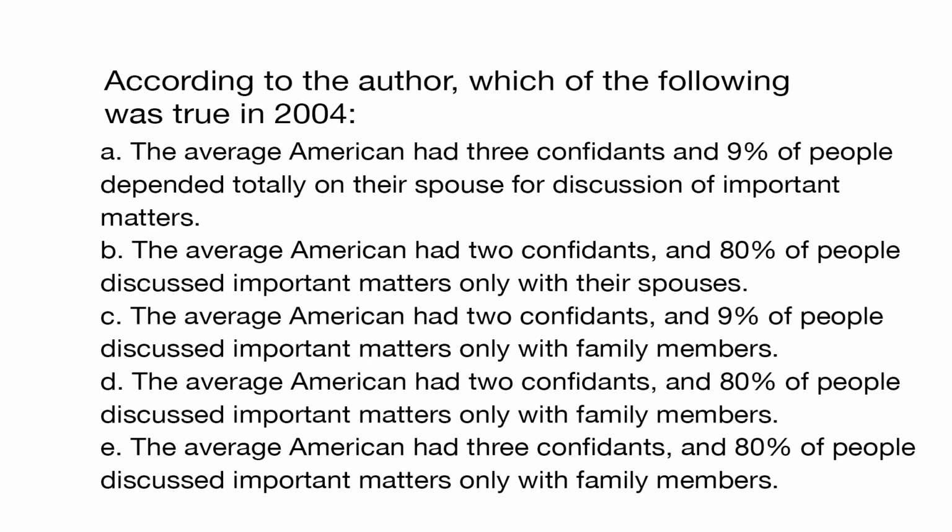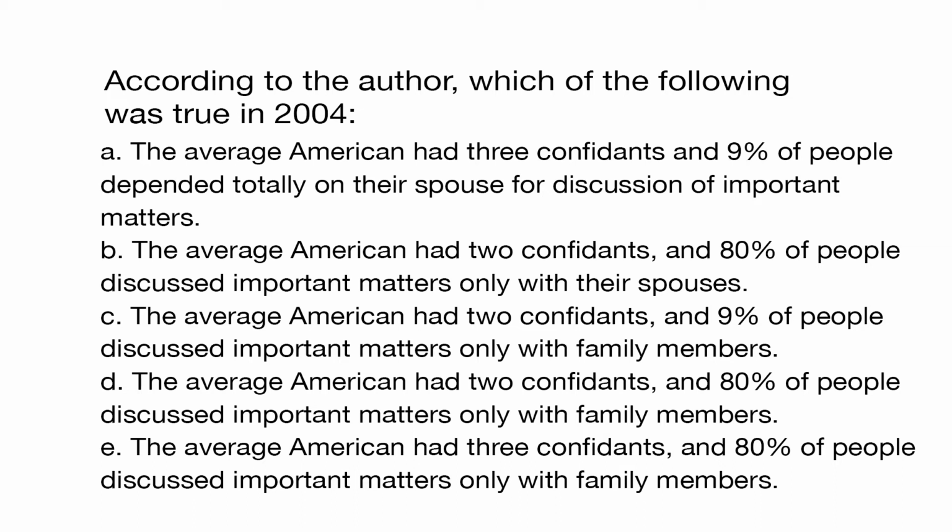According to the author, which of the following was true in 2004? Was it A, the average American had 3 confidants and 9% of people depended totally on their spouse for discussion of important matters? B, the average American had 2 confidants and 80% of people discussed important matters with only their spouses? C, the average American had 2 confidants and 9% of people discussed important matters only with family members?